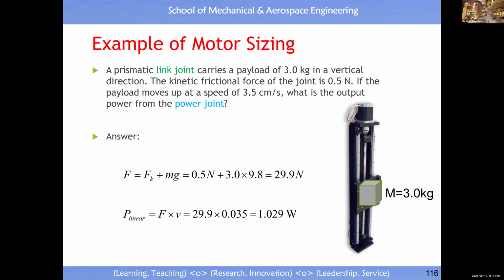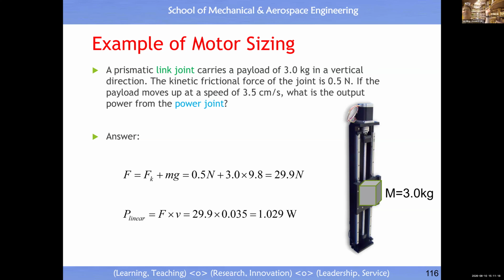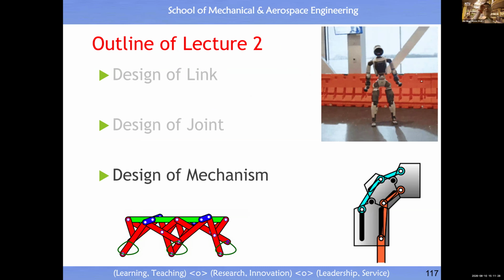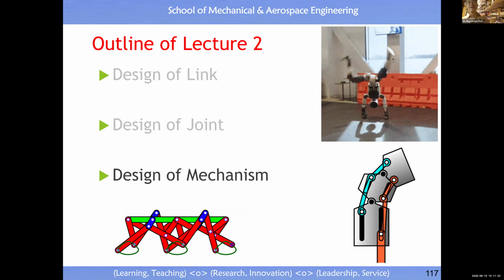How to determine mechanical power? You can determine it based on the maximum payload and maximum velocity. So this is a simple example for you to follow, and the solution is given to you. Then you can choose a motor with the desired output power. Clear? Now you know link, you know joint, then you are ready to put them together.